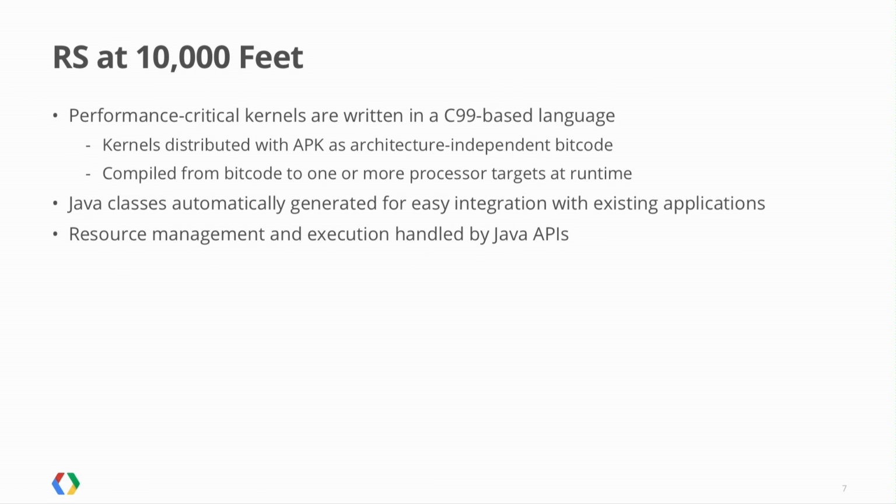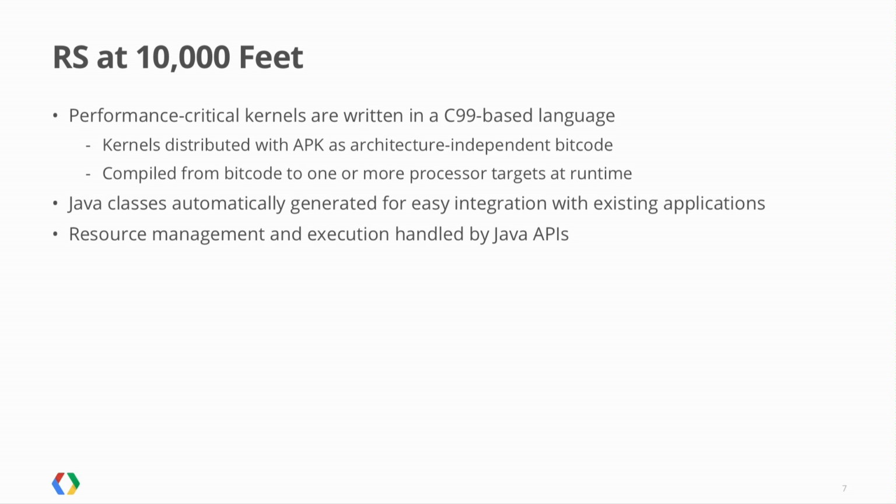So at a very high-level view, we do look very similar to some of these other data parallel runtimes. We write performance-critical kernels in a C99-based language. These kernels are distributed with your application as architecture-independent bitcode. We then JIT compile those at runtime to one or more processor targets.